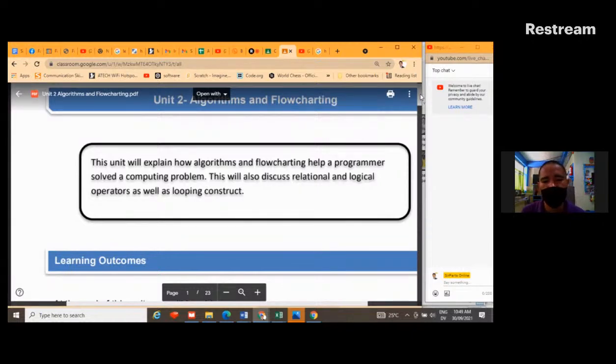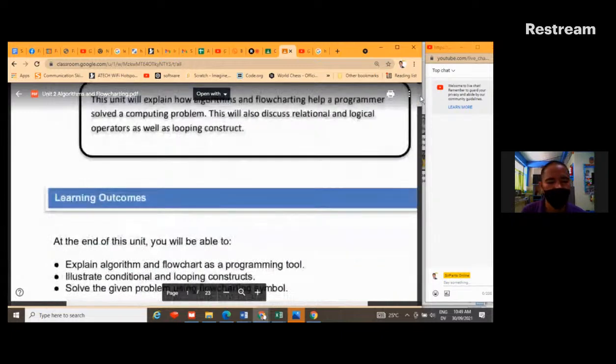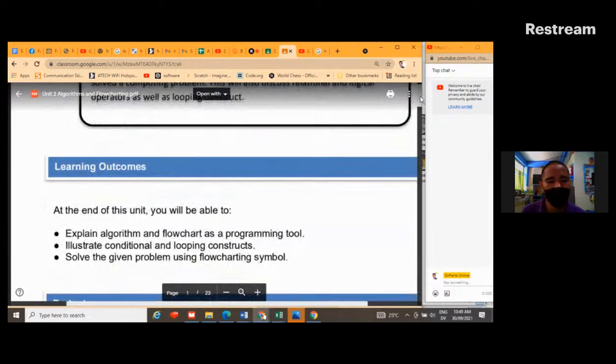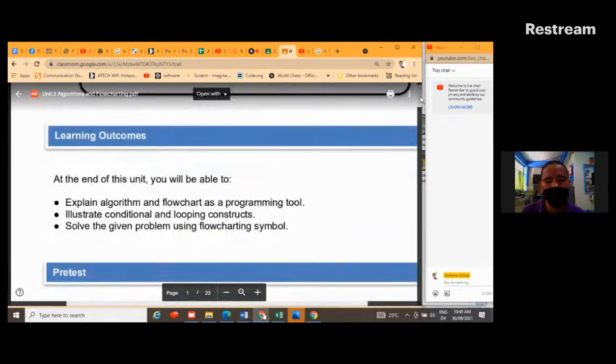This will also discuss relational and logical operators as well as looping construct. At the end of this unit, you'll be able to explain algorithm, describe algorithm and flowchart as a programming tool, illustrate conditional and looping constructs, and solve the given problem using flowcharting symbols. Using flowcharts, you can create flowcharts also.